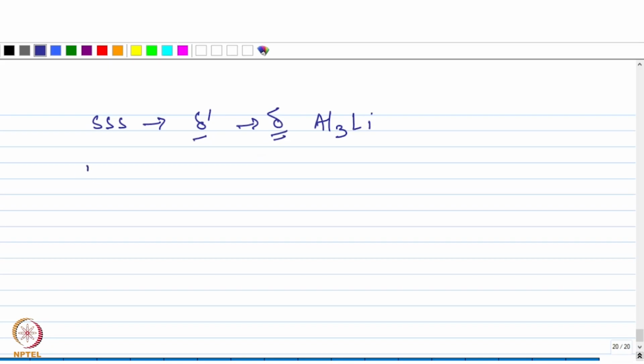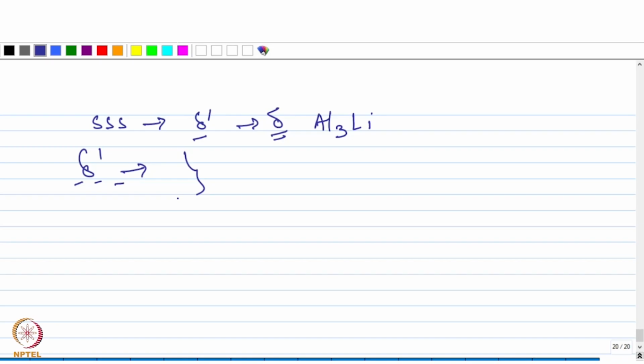So as I said, these precipitates form very fast directly from the supersaturated solid solution. So it also means that the activation energy for their formation is low, and therefore you do not really need the formation of GP zones as the precondition for forming this kind of precipitates, right?